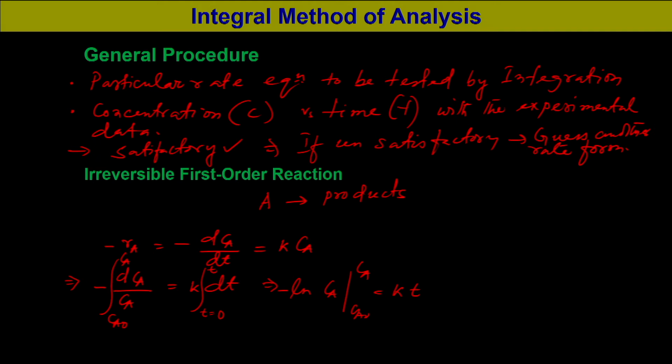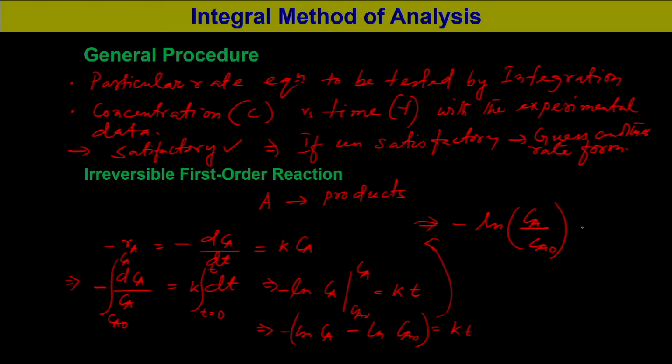So, if we substitute this, this would be ln C A minus ln C A naught is equal to k t, and from here we can write minus ln C A by C A naught would be equal to k t.